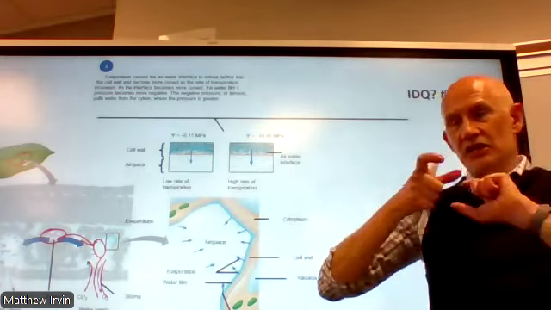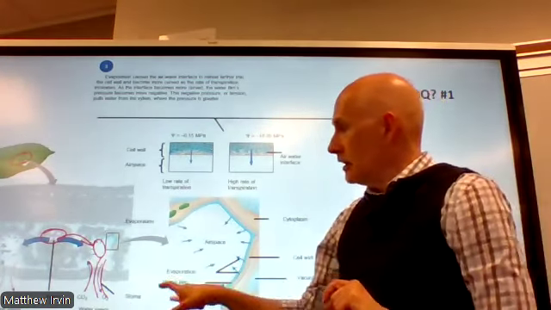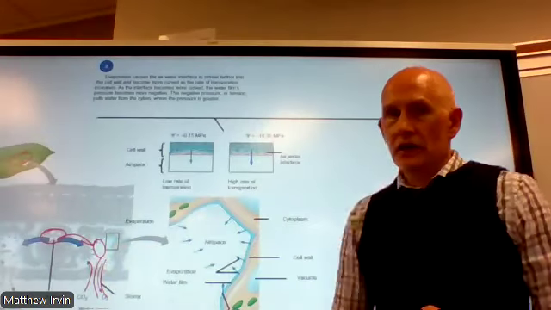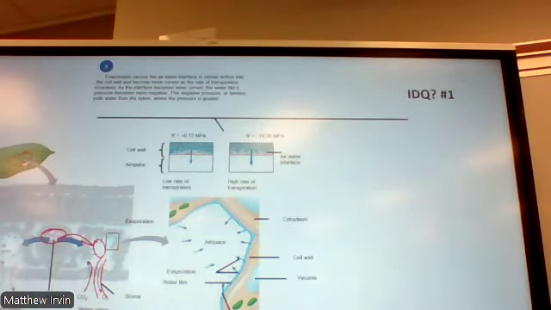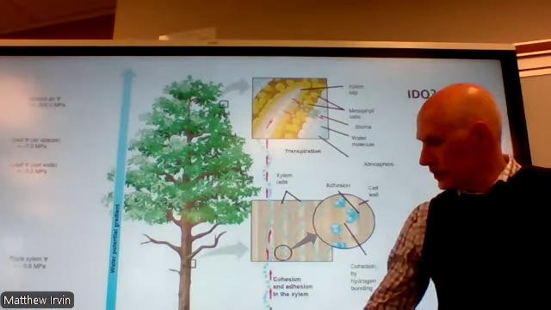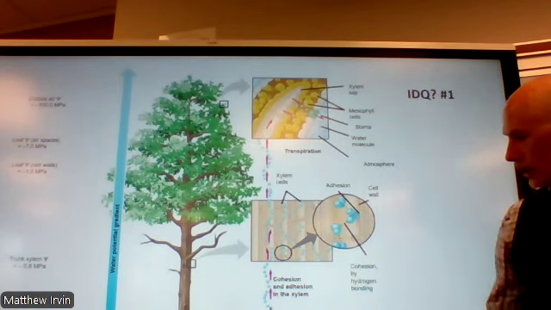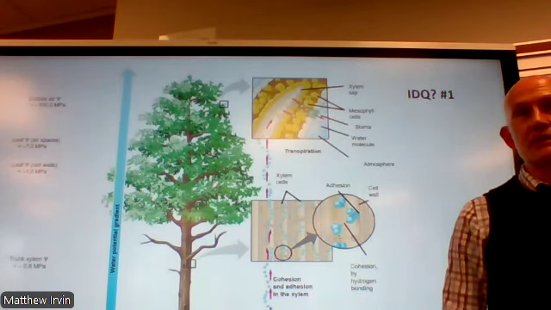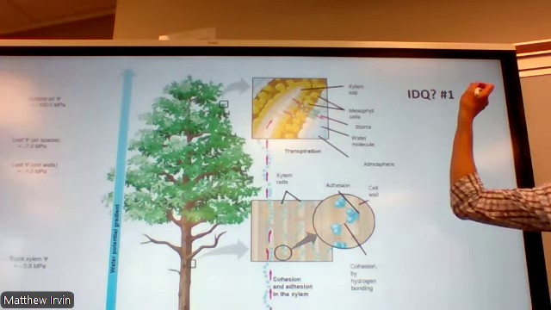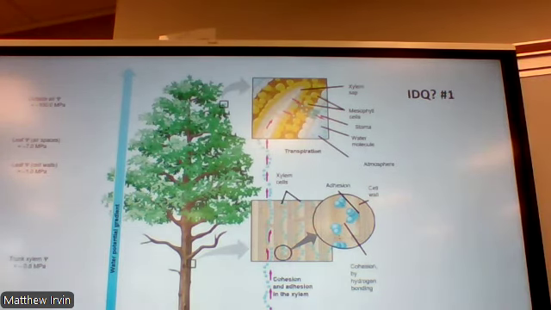Then that gas exchange, again, is what's necessary for the CO2 to come in for photosynthesis, then the oxygen to exit so that we can do things like breathe. That process of getting the water up, so starting in the roots, the water is going to flow into the roots.